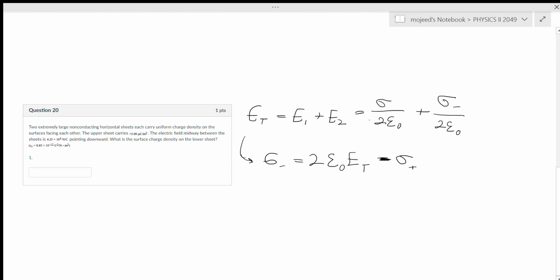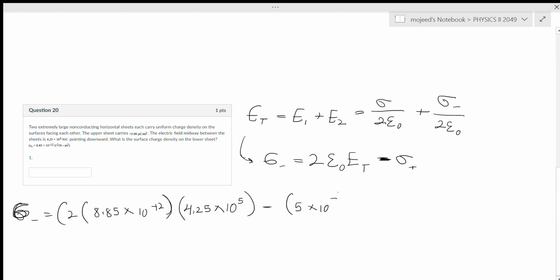And then when we substitute in the values, we get sigma negative equals 2 times the value of epsilon, 8.85 times 10 to the negative 12, multiplied by the electric field midway between the upper and lower sheets, which is 4.25 times 10 to the 5, minus the charge of the upper sheet, which is 5 times 10 to the negative 6.